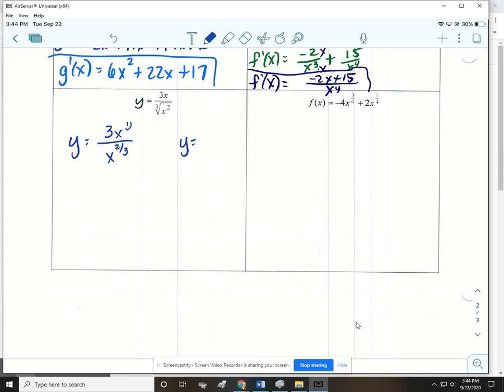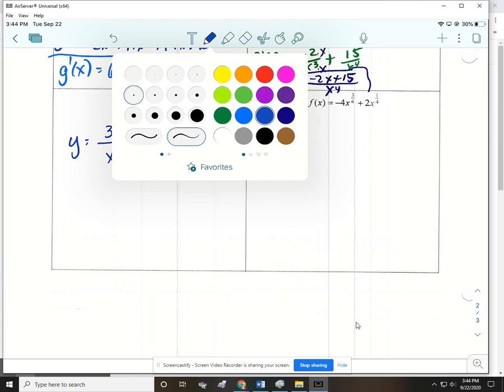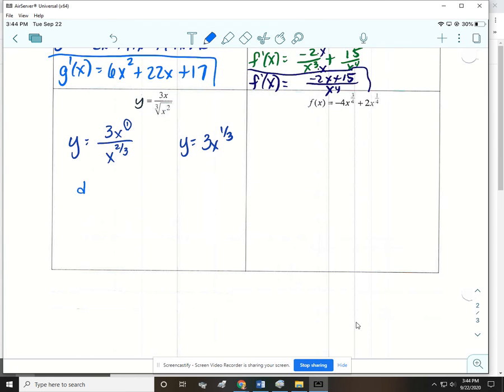So this is going to be 1 minus 2/3, so it's 3x to the 1/3. Okay, and then I'm going to find the derivative, so I'm going to call it dy dx. I'm going to make sure I'm looking at this one. And I'm going to multiply 1/3 times 3 is 1, subtract 1 from 1/3, it's going to be negative 2/3.